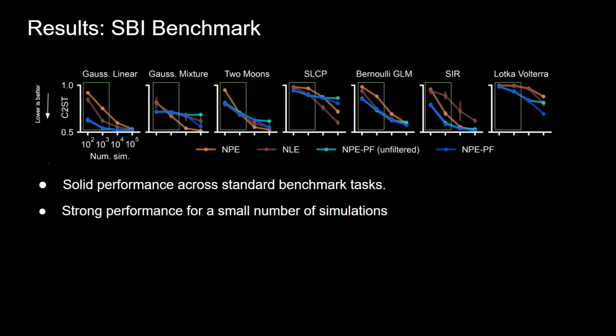That's really important in SBI, that you use, as Manuel said, as few simulations as possible. You can see that for small simulation budgets, like 100 or 1,000 simulations, NPE-PF has really good performance over traditional methods. This is what we call simulation efficiency: TabPFN, this method, is simulation efficient.